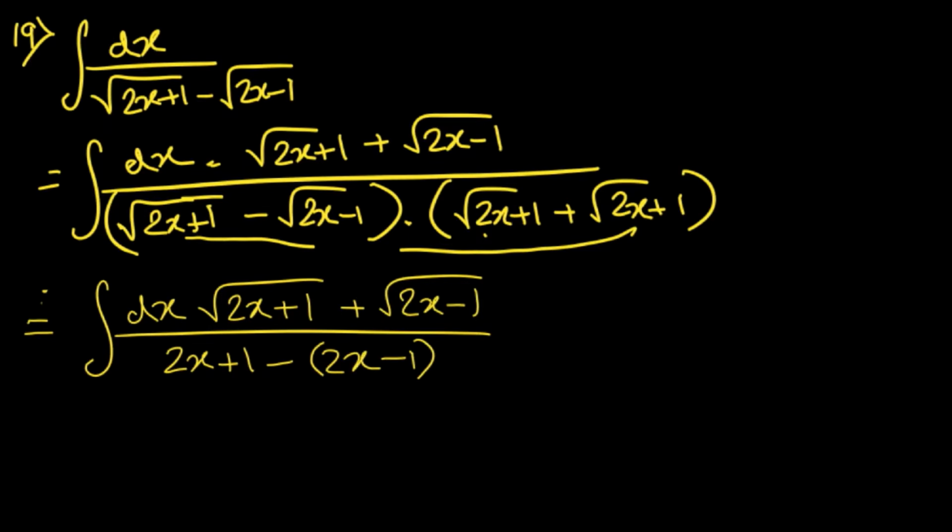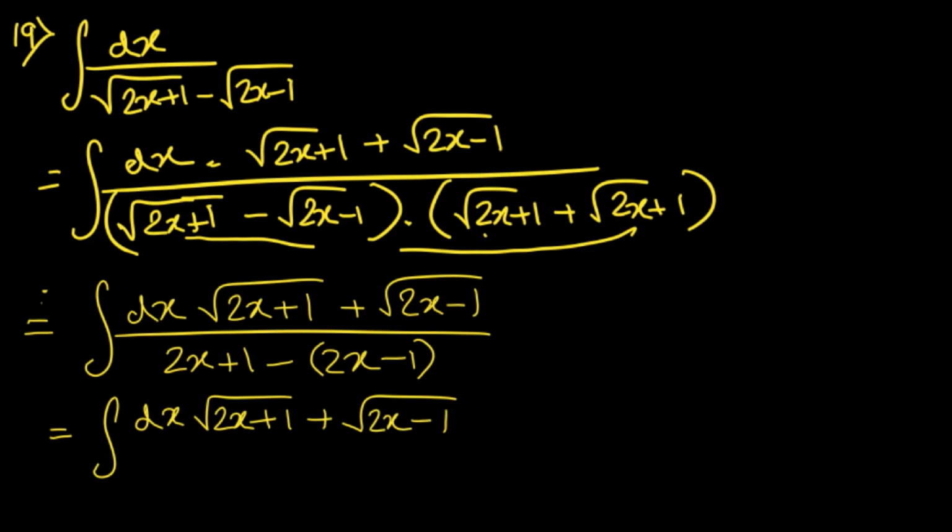So a plus b into a minus b give a square minus b square. So as you can see, dx into root 2x plus 1 plus root 2x minus 1 by, so on simplifying this, the denominator comes to be 2. Yes, denominator comes to be 2.